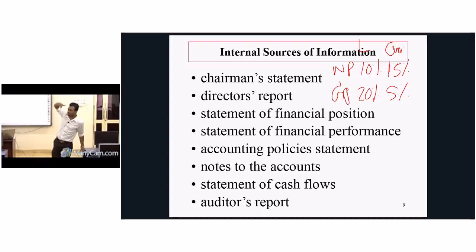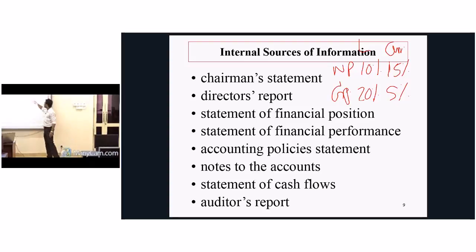Then what will happen? Depreciation will be added to cost of sales. As a result of that, GP comes down. But NP, there is no administration, so it can be increased. So sometimes policy changes purely affect these kinds of upside down ratios. You have to think about it.